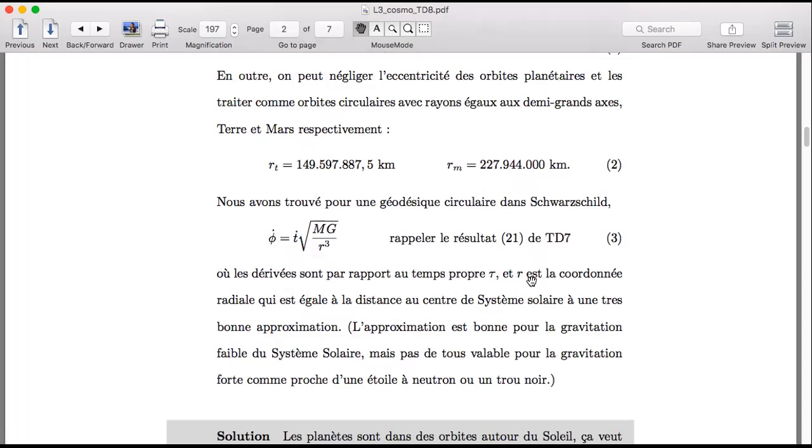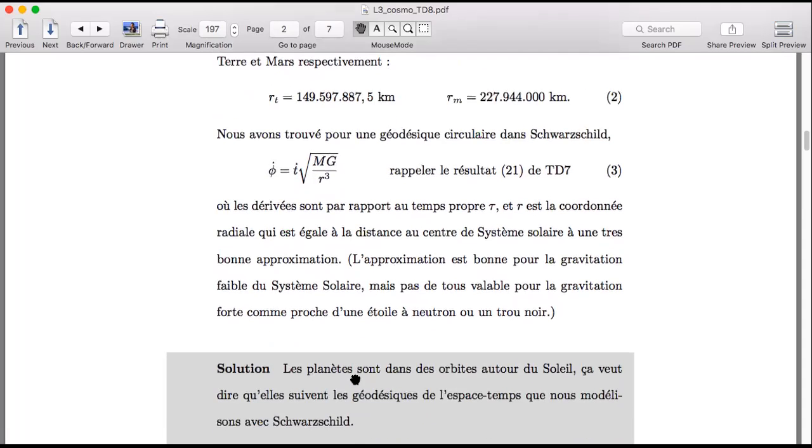The radial coordinate r is equal to the distance to the center of the coordinate system, which we take at the center of the solar system, to a very good approximation. It's a good approximation because gravity is weak in the solar system.